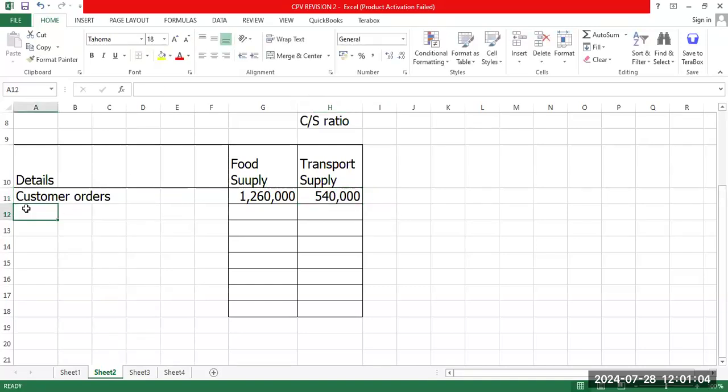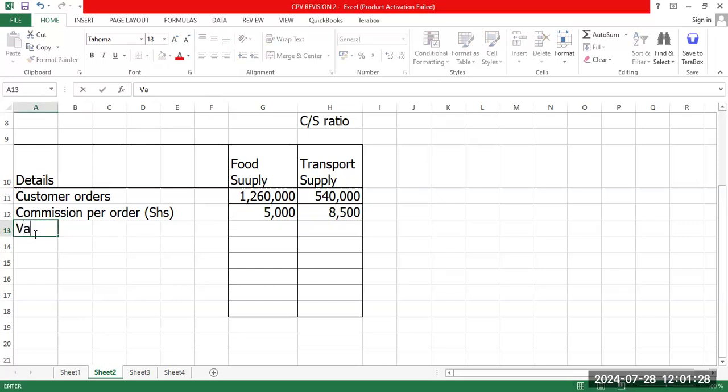Then from that, I can put commission per order, in shillings. The figure is 5,000, then here 8,500.